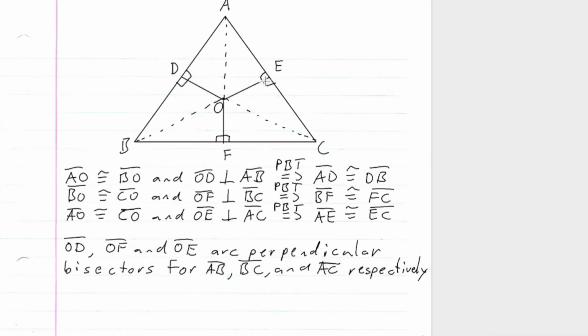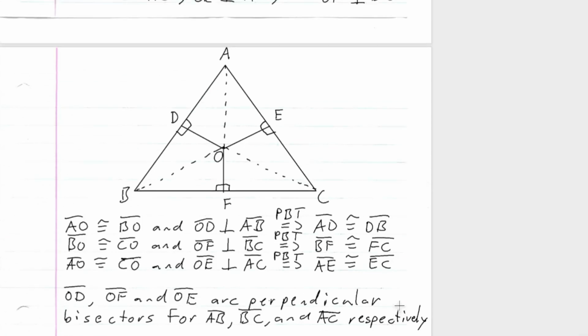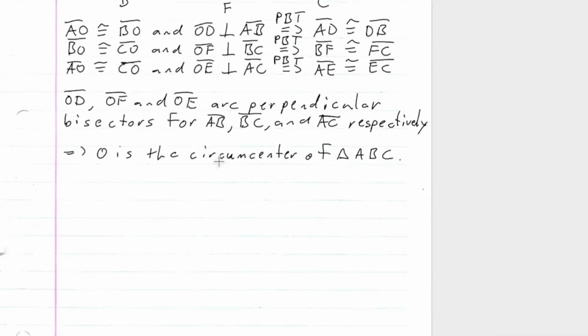So, if all of these perpendicular bisectors meet at this common point, this means that O is the circumcenter of triangle ABC, right? So we've shown that if this point is equidistant from the three vertices, then this point must be the circumcenter of this triangle. And that is the proof of the circumcenter theorem.